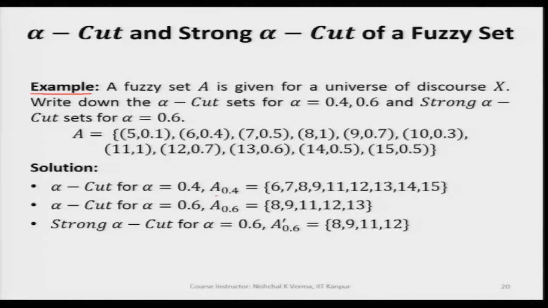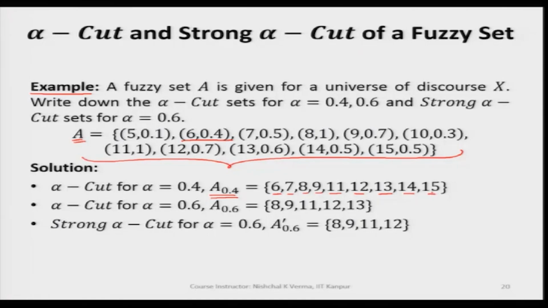So, we can represent, as I mentioned, this alpha cut by A subscript 0.4. So, let us now try to see here in the fuzzy set A. We will have 6, 7, 8, and then 9, and then we will have 11, 12, 13, 14, 15.